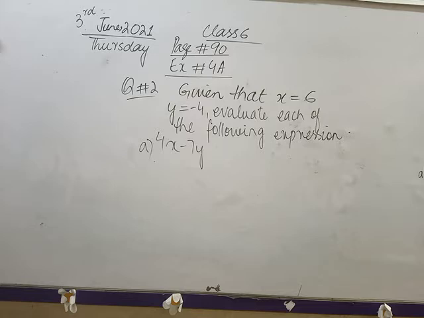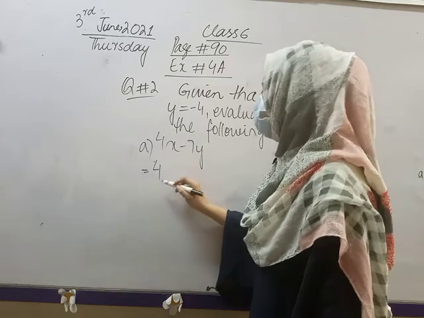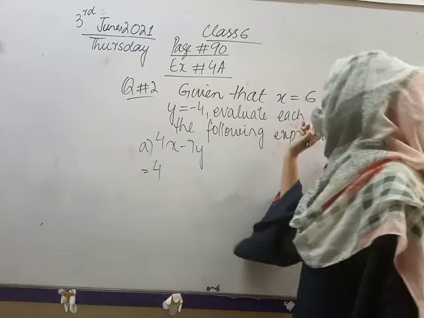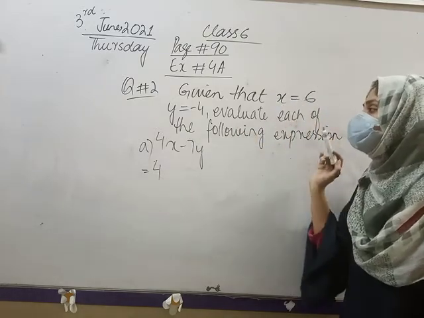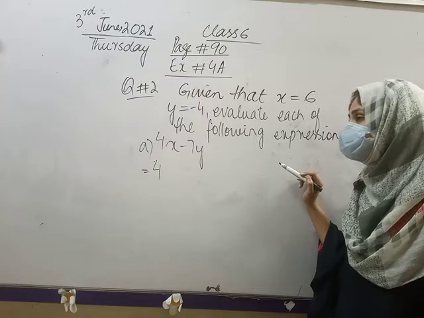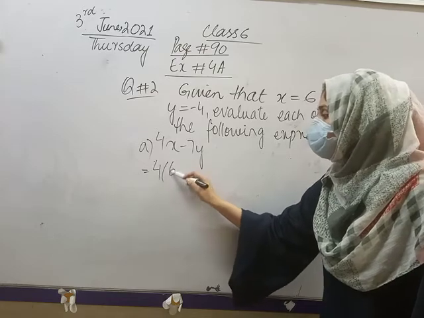So in this type of question we will simply put the value which is given in the question and get the answer. Fine. Now you have to be very attentive. I will write 4 here, which is as it is. Now, according to statement, we have the value of x which is equals to 6, which is given in the statement. So I will put here.